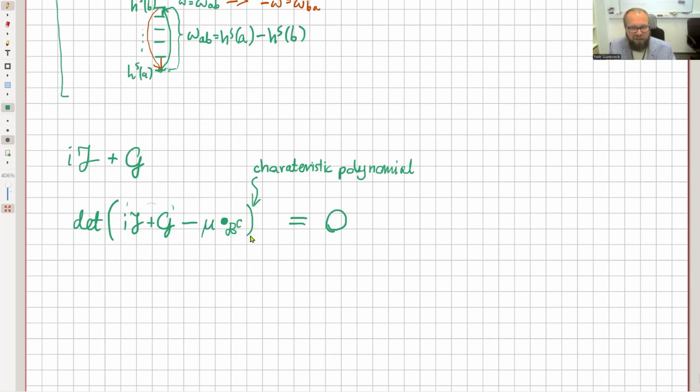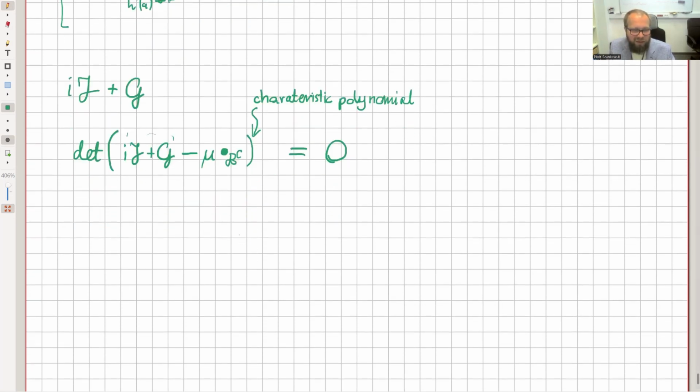So in other words, you can take this characteristic polynomial, the determinant of the matrix minus mu times identity, and write it in the following way: a product of factors of the form mu_k minus mu.